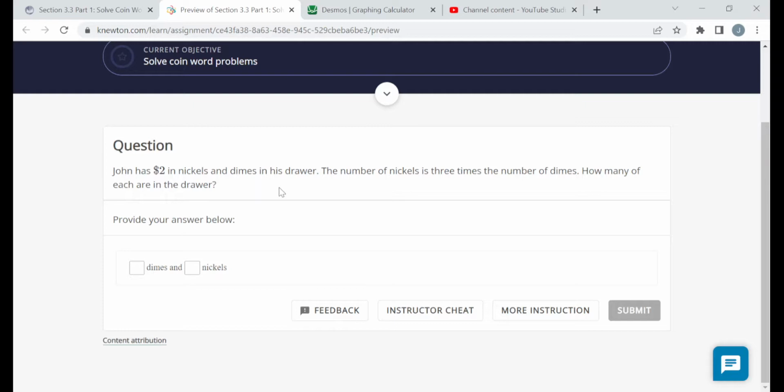Because sometimes when you translate, it's also going to be assumed that you know certain things. Like, for instance, it's going to be assumed that you know how much a dime is worth and a nickel is worth. A dime is 10 cents, or 1/10 of a dollar. A nickel is 5 cents, or 5/100ths of a dollar, 1/20th of a dollar, and so on.